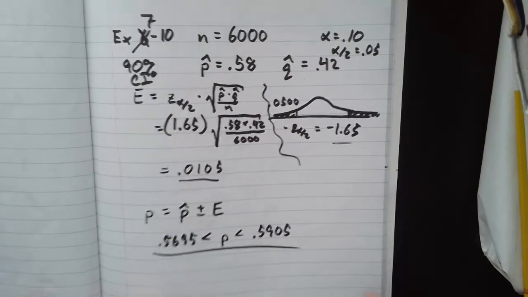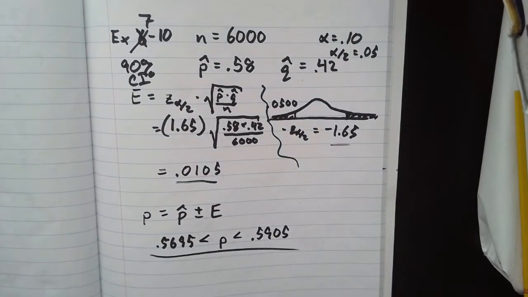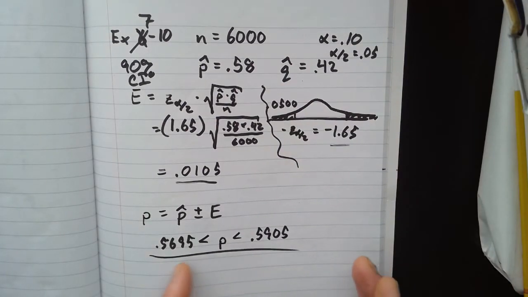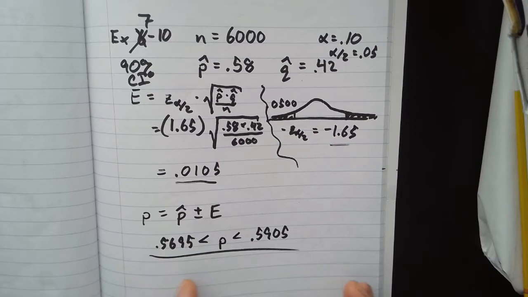All right, so that is our 90% confidence interval for the true value of the proportion. So again, just to reiterate, what is a confidence interval? It's an estimate, okay? So we're estimating that the true proportion is somewhere in this range. Is it guaranteed?